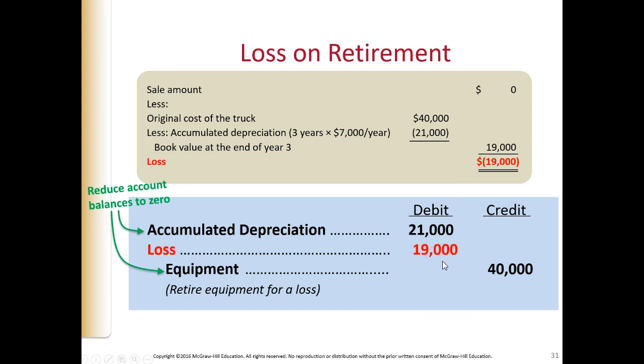So if you remember, in all three entries, selling at a gain, selling at a loss, or just giving away, like in this case, the debit to accumulated depreciation, $21,000, and the equipment credit of $40,000 were the same. Those were always the same, no matter what we sold it for, or if we had a loss or a gain.